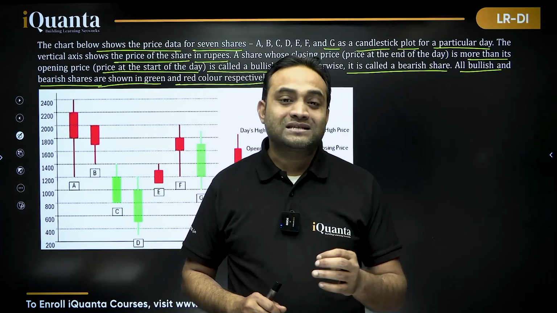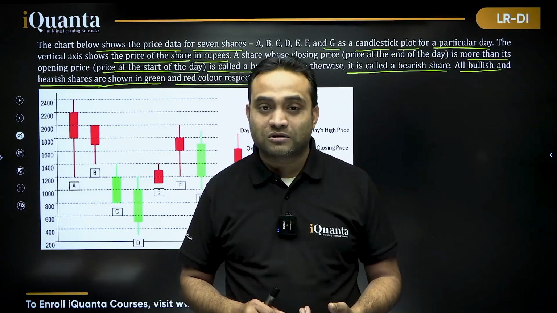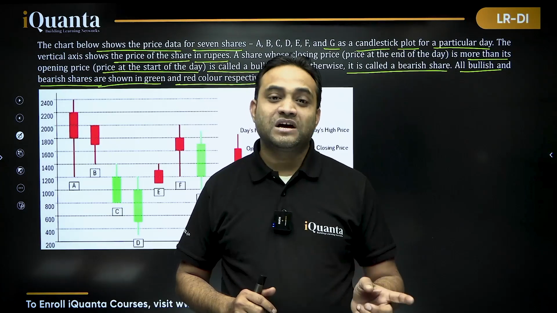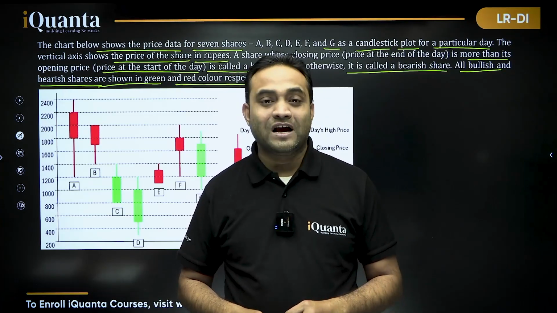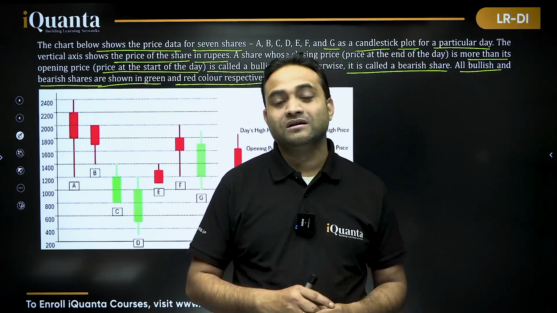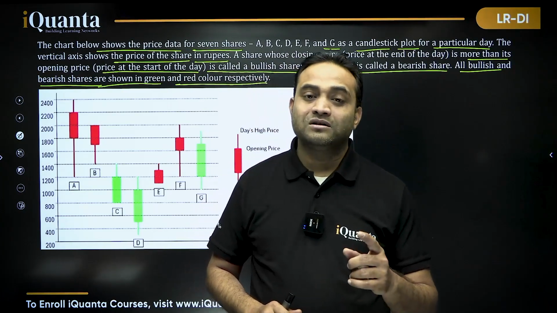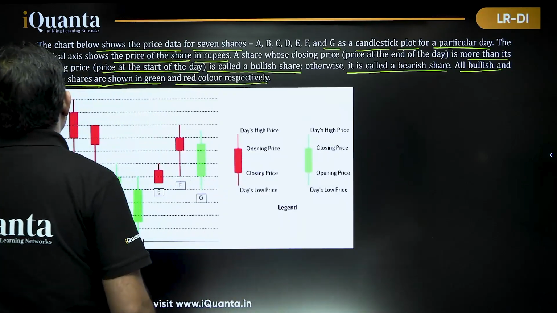It gives you less time to analyze the question and solve the questions, right? So in that case, if I make this table of 7 into 4, so 28 values, writing those down and solving them will be a little bit time taking. So why not take all the values from the graph itself?